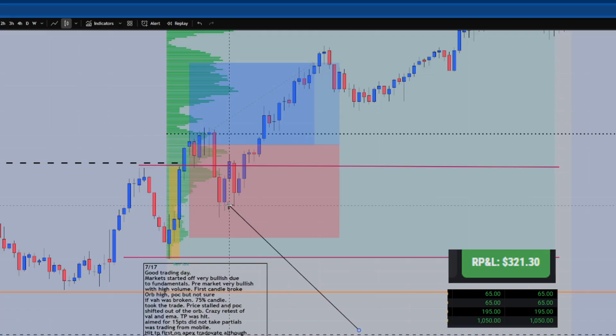So it retested fair value, because the point of control was down here as well. And then it was like, all right, let's retest higher value, and with this candle here, it actually broke the value area high and started to accept higher value. And it just kept going.